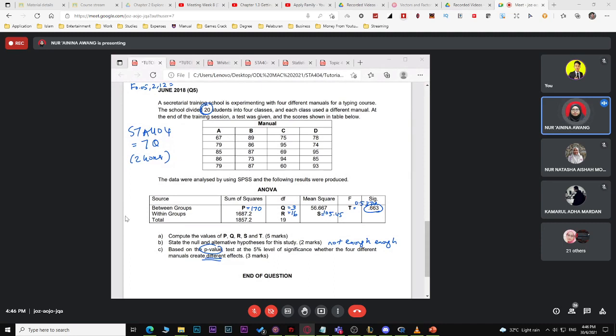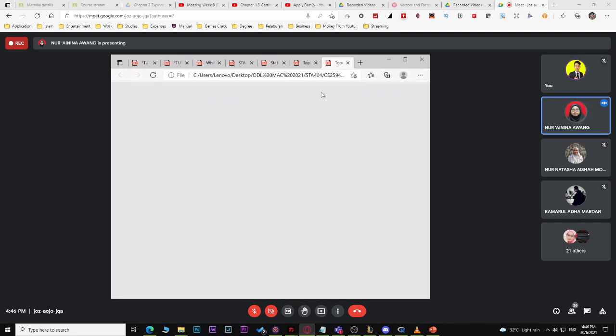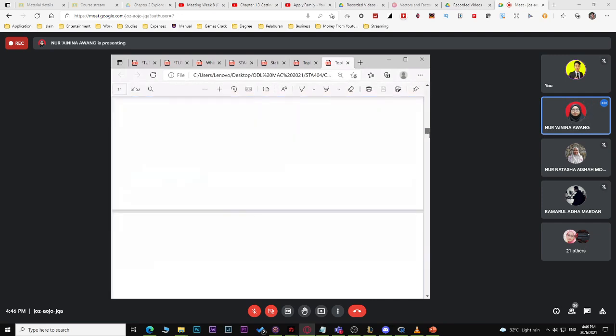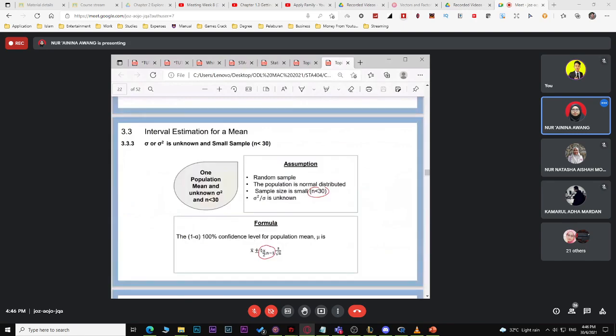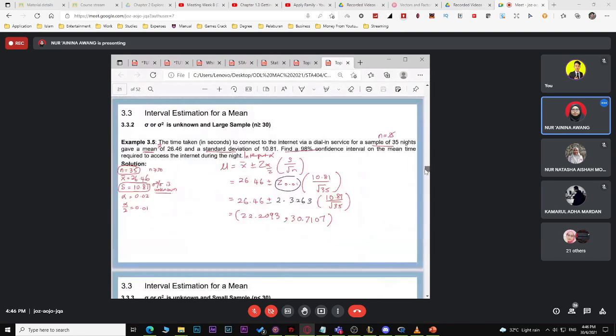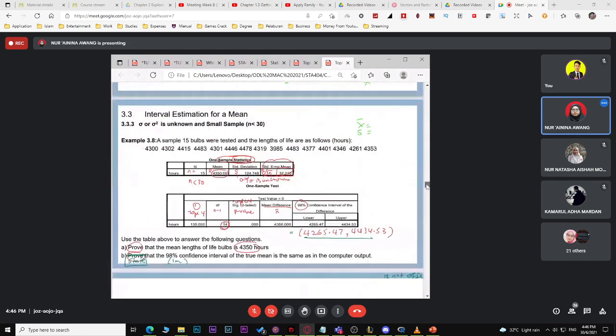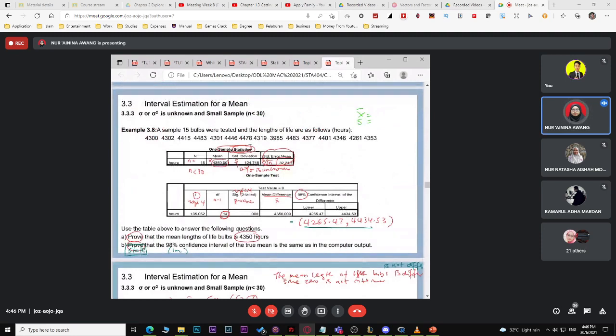So macam mana nak keluarkan output dia? Kena ada dia punya variables dia. Okay, so untuk one sample test, you kena keluarkan these two table.